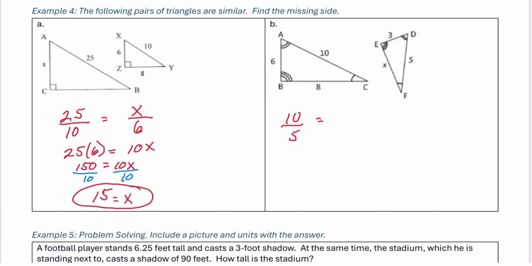And we'll set that equal to 8 divided by x, because 8 is the corresponding side to the unknown x. Now cross multiply, we get 10x equals 5 times 8, which is 40. Divide by 10. And that unknown side is 4.